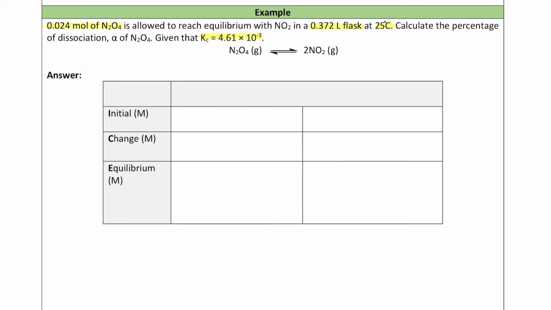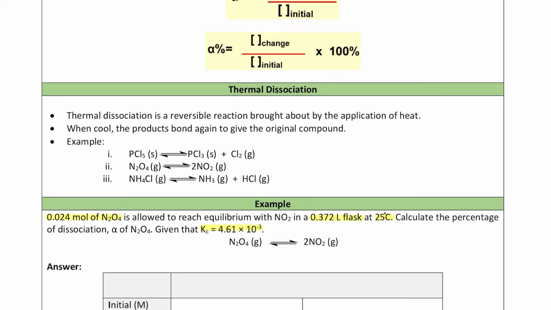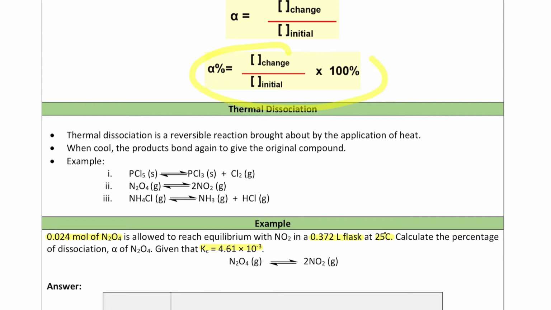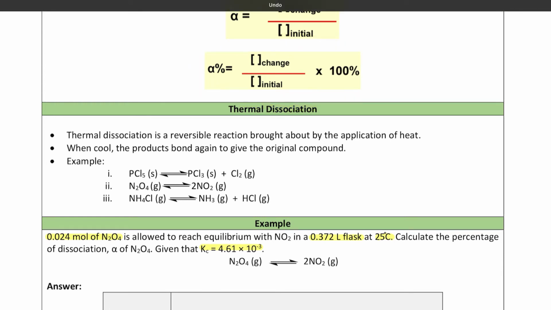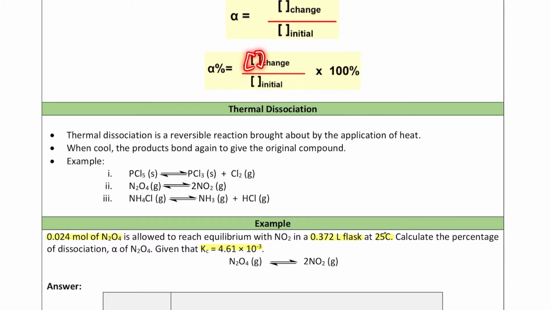So this question is not that straightforward lah. Sebab kalau kamu perasan formula nak cari degree of dissociation ataupun percentage of dissociation adalah ini. So maksudnya kamu kena ada concentration change. So that means you need to know how many of N2O4 ni yang bertukar jadi NO2. So kena tahu in terms of dia punya concentration dia lah. Tapi kita tak tahu. So, that means kita kena cari ni dulu.